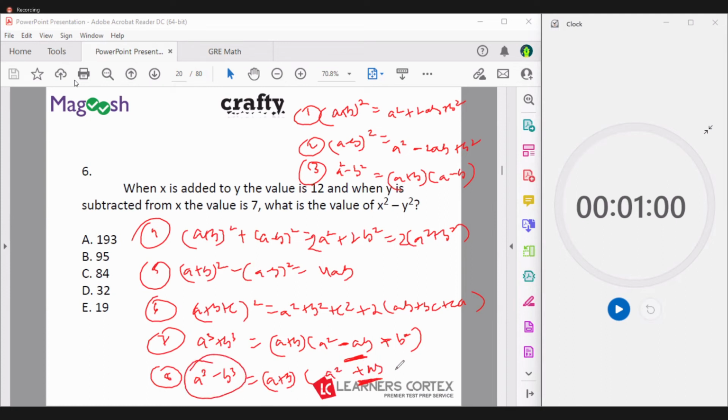Here it would be plus ab, so plus b square. If anyone is still writing, do you want me to wait? So the eighth formula is a minus b times a square plus ab plus b square. Sir, sorry, it gives a plus b instead of a minus b. Eighth formula.